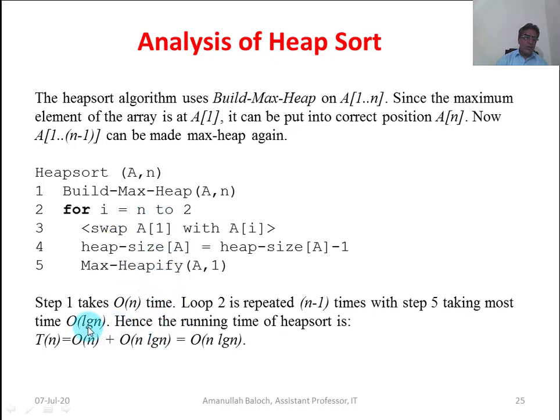So O of log n will execute n number of times, so maxify will take n into log n time. This maxify execution time will be added to the build max heap time, which is O of n plus O of n log n. The dominant term is O of n log n, so we take it, and O of n log n is the running time of heap sort.